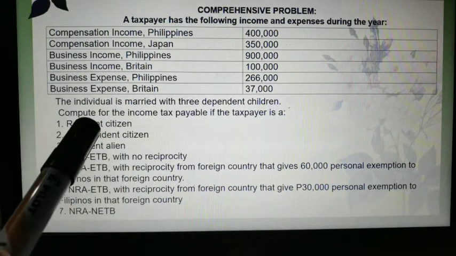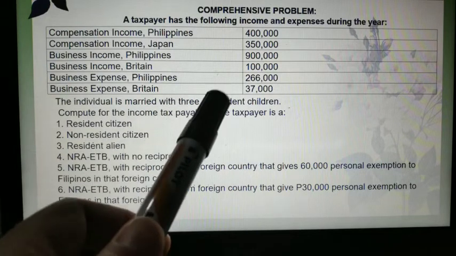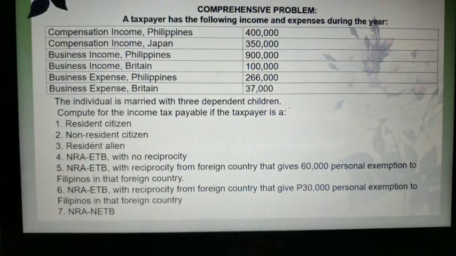Okay. In this problem, it is stated that the individual is married with 3 dependent children, meaning may tatlo siyang dependent. So, from the 50,000 pesos na basic personal exemption, meron siyang additional 75,000 pesos na exemption from the 3 dependents na kanyang mga anak.